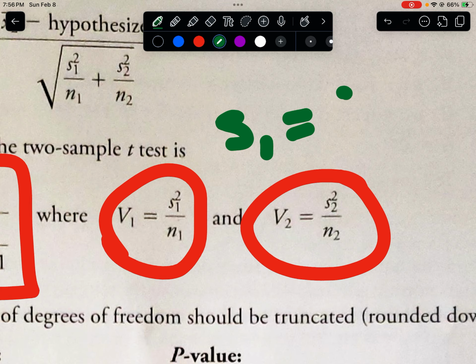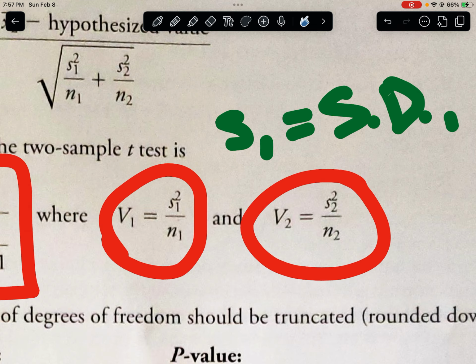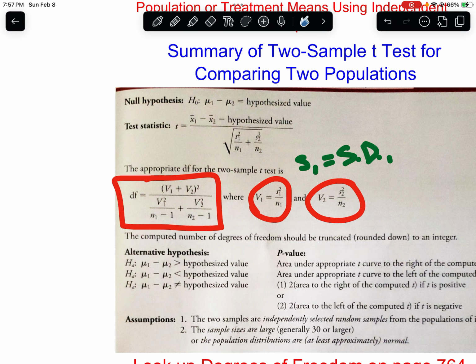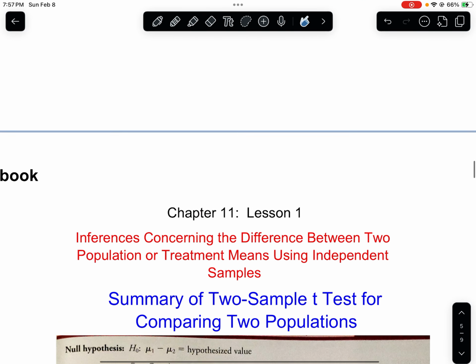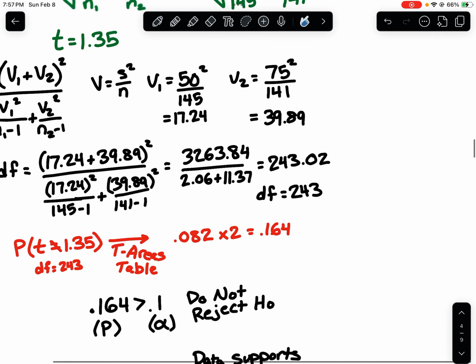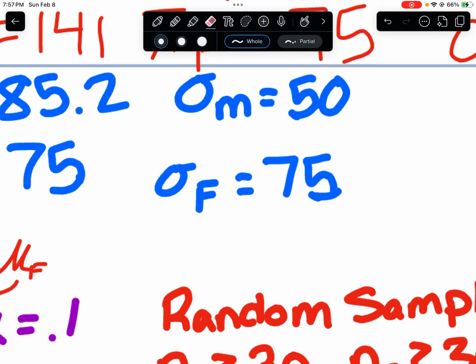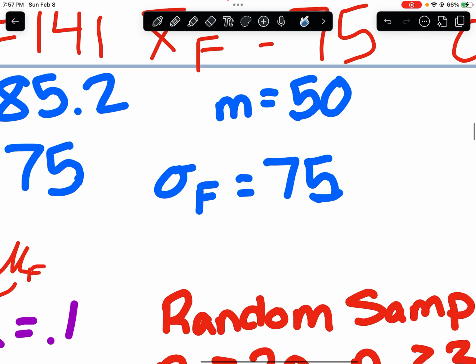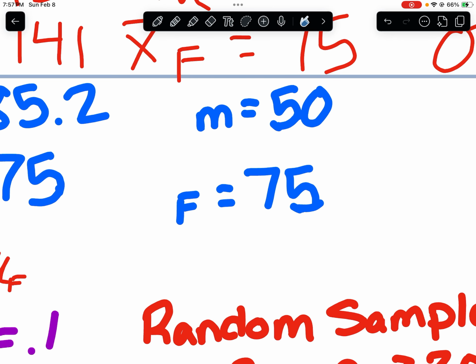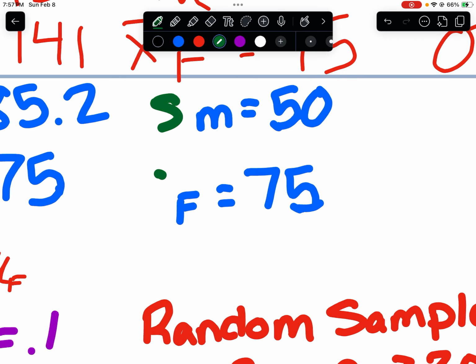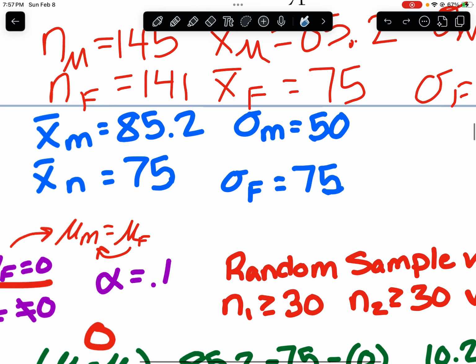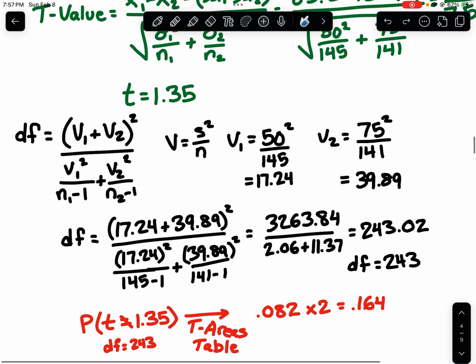Up here, I shouldn't have used the sigma notation. I maybe should have said SM and SF, but we can keep it like that for now.